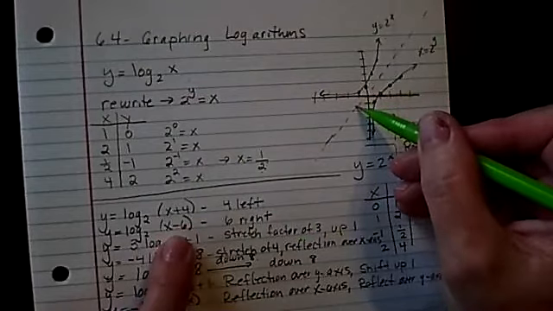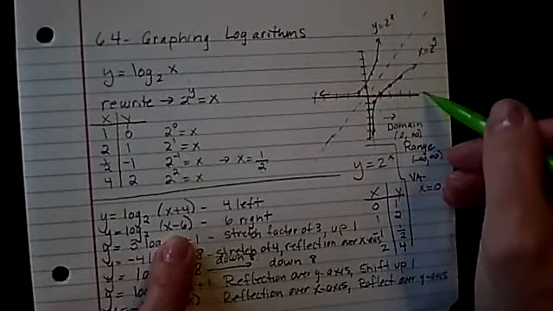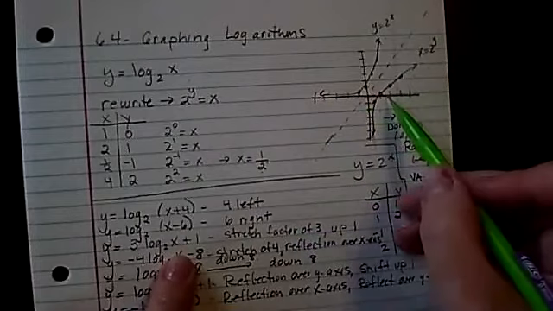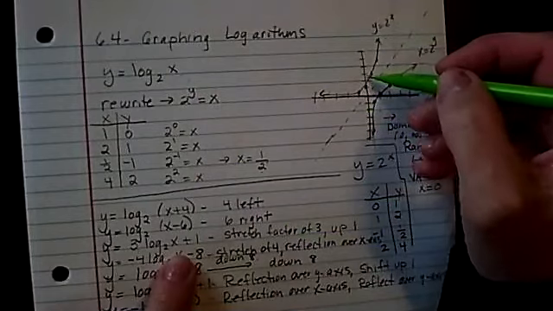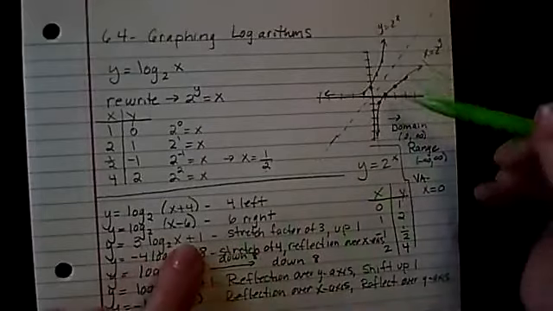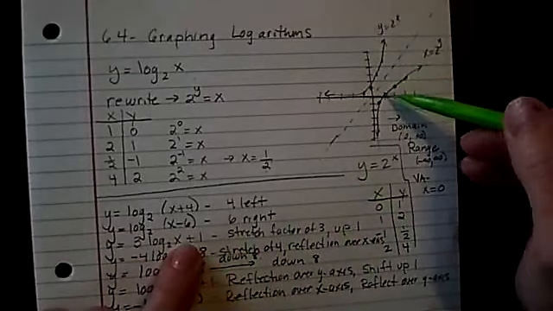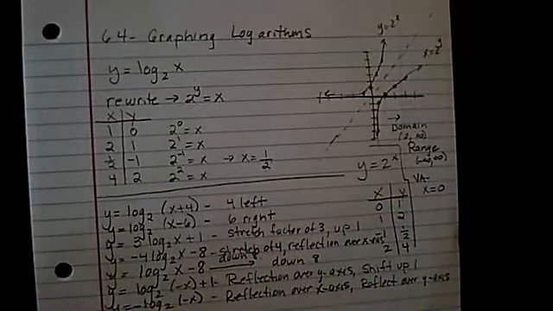If I do this, I'm going to move them 6 to the right, which means we're dealing with the x-coordinate of that point. A stretch factor of 3 means we're going to multiply our y value by 3, and then it's going to go up 1. All of these points: y value multiplied by 3, and then we shift up 1. So you can get a feel for what that is talking about.